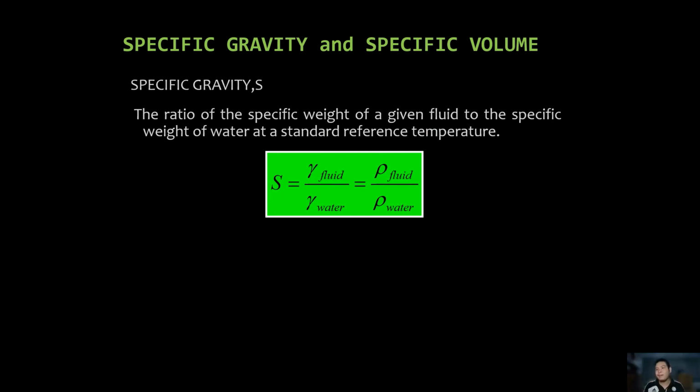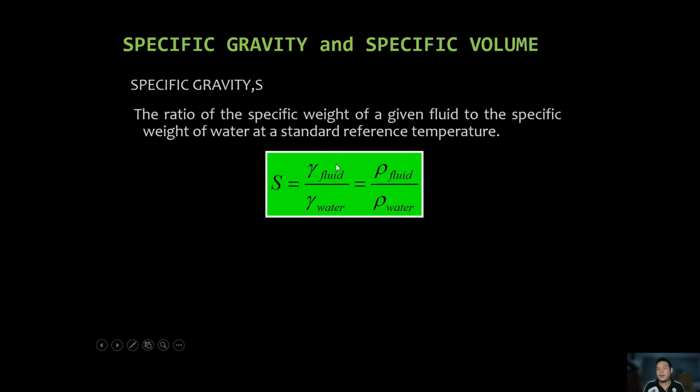Since we want the unit weight of oil and we are given a specific gravity, all we need to do is multiply the specific gravity by the unit weight of water to determine the unit weight of oil.